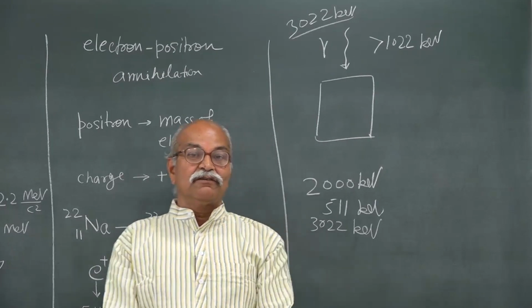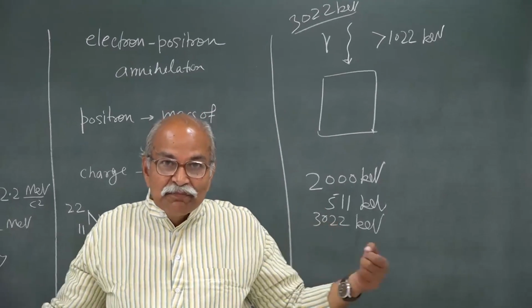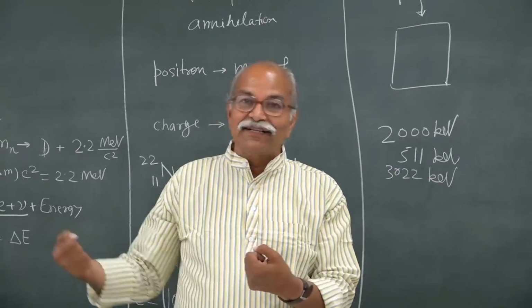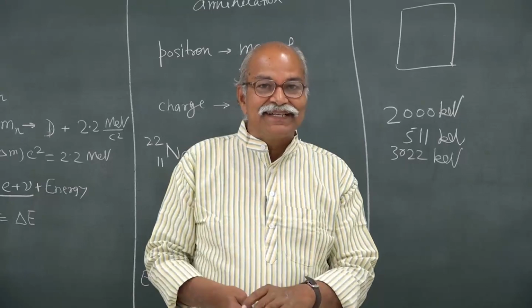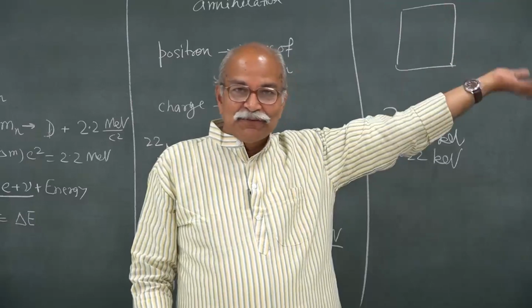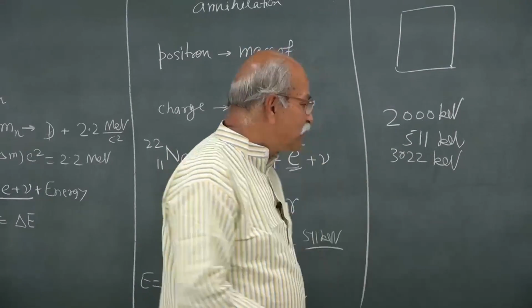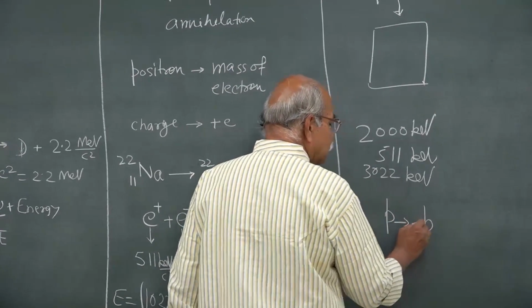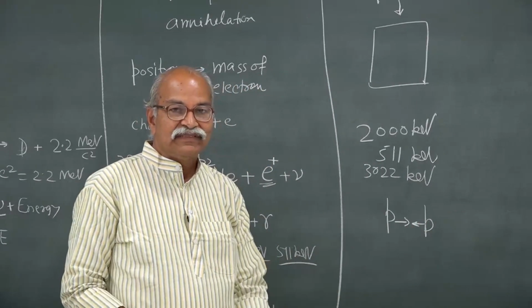You have heard of the Large Hadron Collider where proton beams are collided against each other, and the energies are in tera electron volt, very high energy. This is the latest high energy collider, but before that also people had been working with collision of proton beams. It is possible that you have protons coming towards each other, they collide with high kinetic energy.